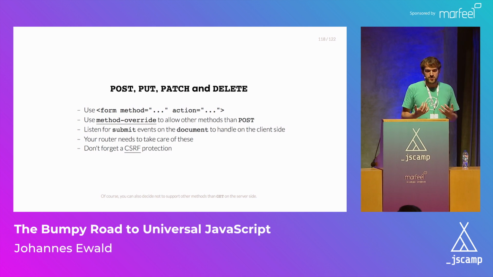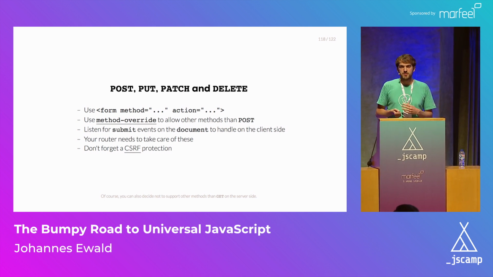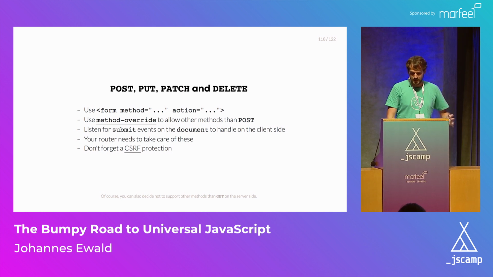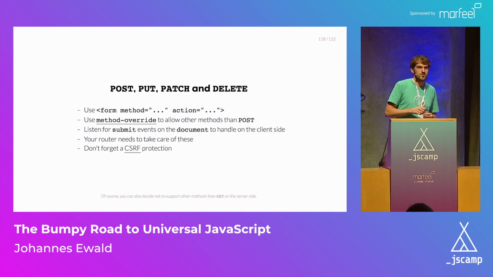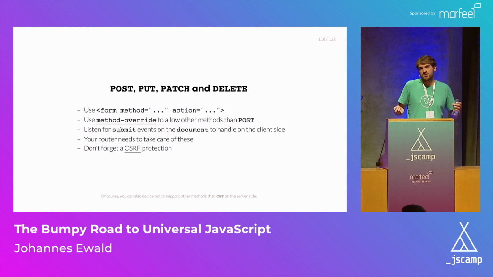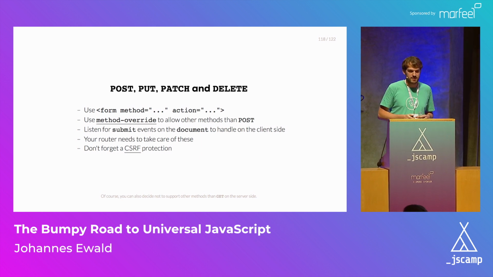And since your server is accepting post, put, and delete, you also need to think about CSRF protection. But of course, you can also decide to design your app in a way that it only accepts GET requests on the server side. Because, yeah, I think it's a design decision.